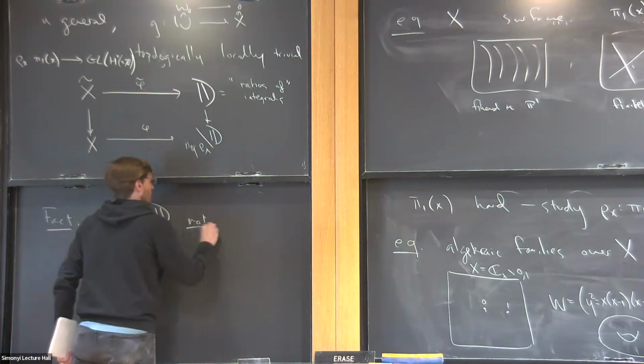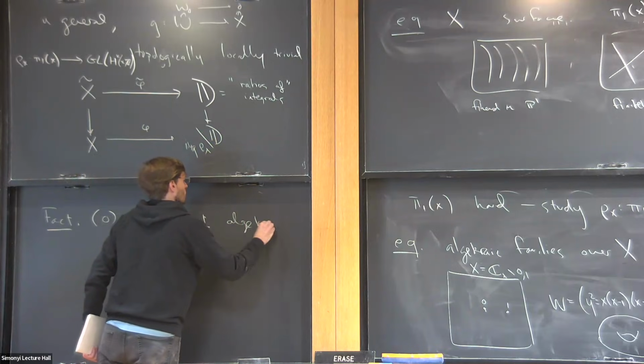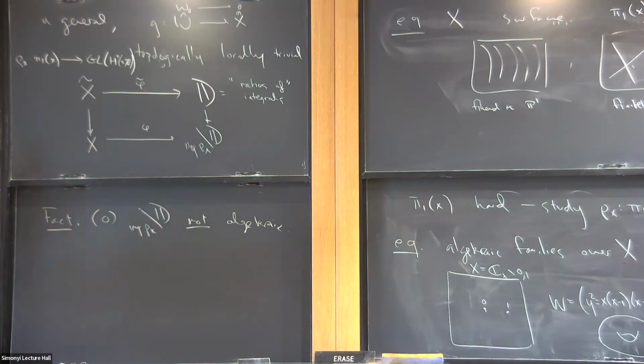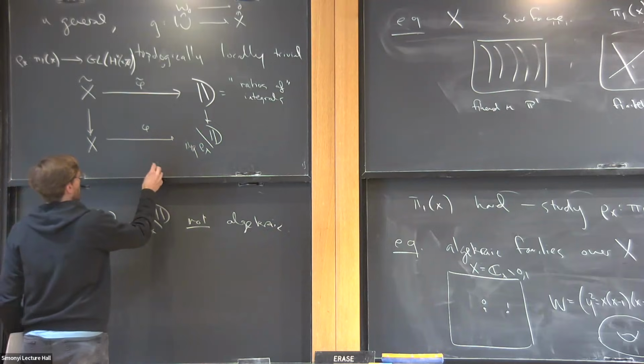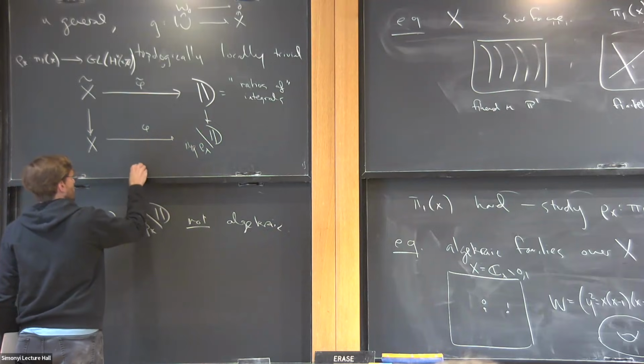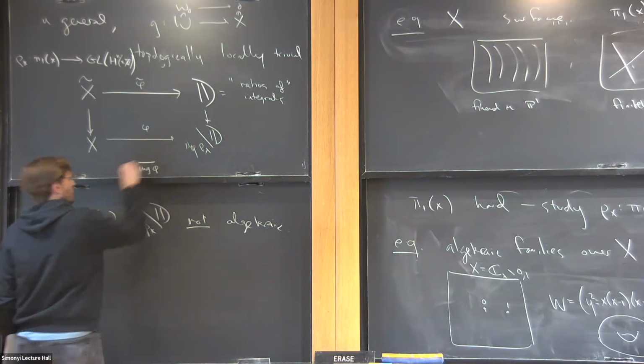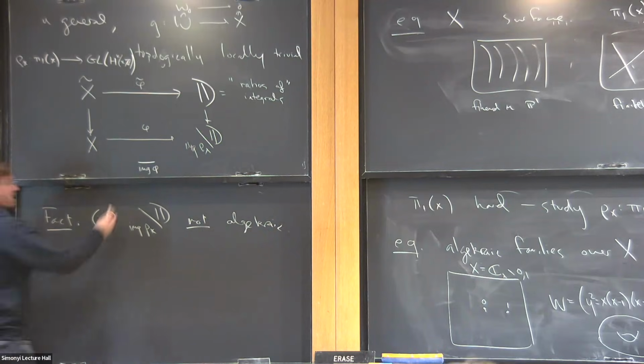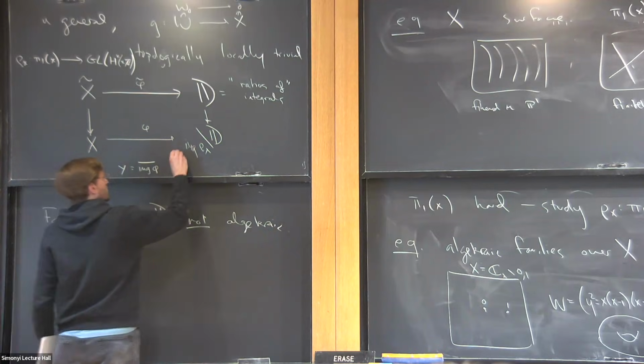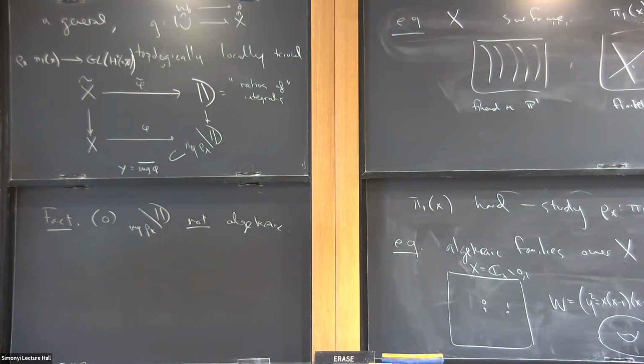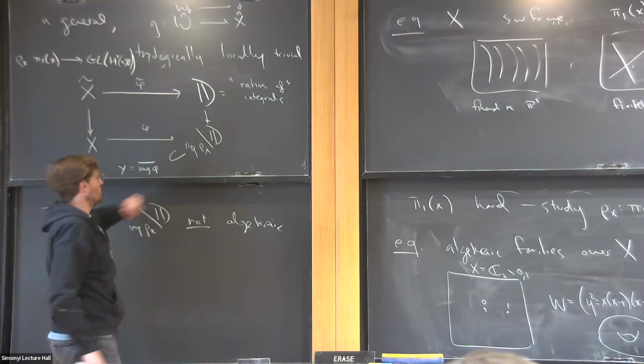It's not algebraic. It's not so bad though, because you can take the image of this map and take its closure. And Griffiths showed that this is in fact a reasonable complex analytic submanifold of this quotient.